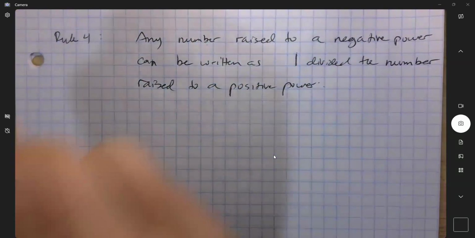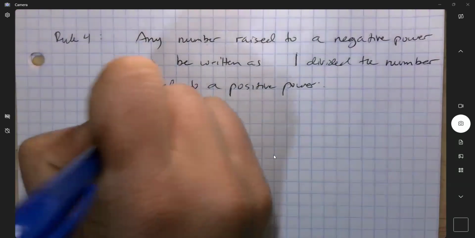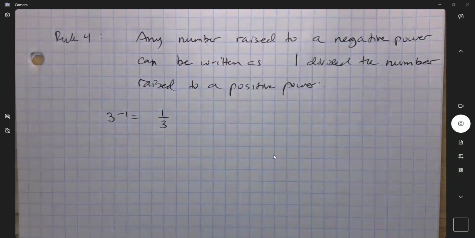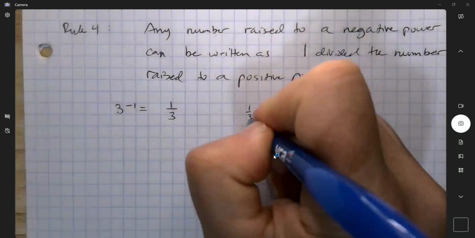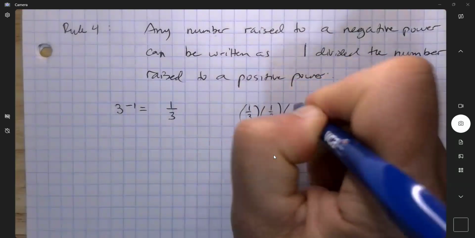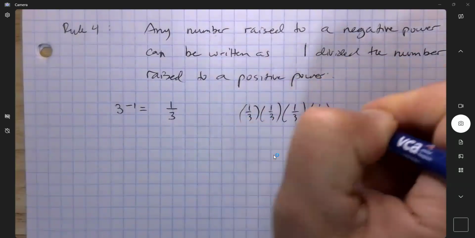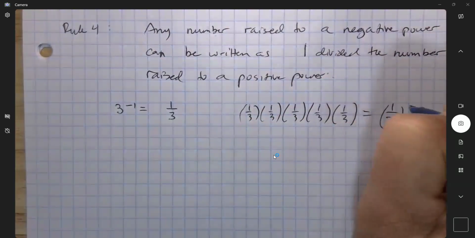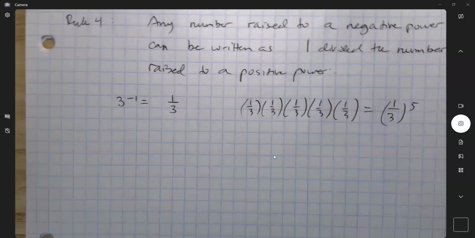Let me show you what I mean. We know that 3 to the -1 is equal to 1/3 from our previous rule. And at the beginning of this video, I showed you that 1/3 times 1/3 times 1/3 times 1/3 times 1/3 is equal to 1 over 3, all raised to the 5th power.